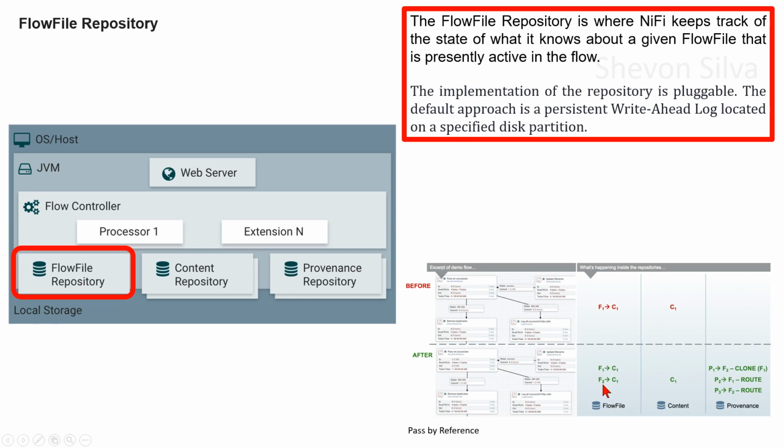This copies all of the attributes and the pointer to the content. Since it is merely routing and analyzing the attributes, the content does not change. The flowfiles are then added to the respective connection queue to wait for the next processor to retrieve them.